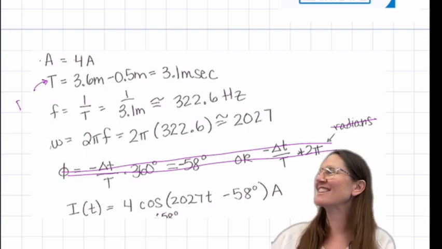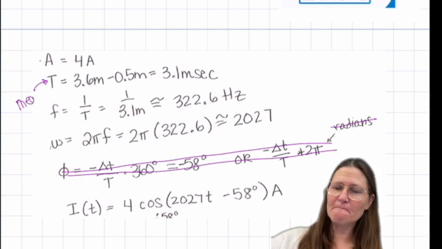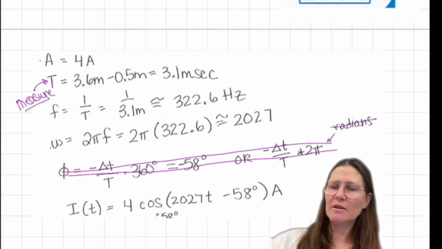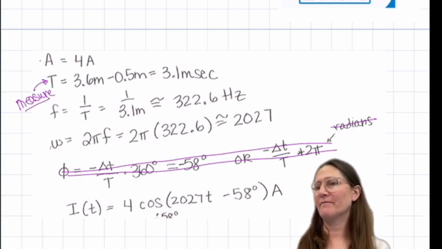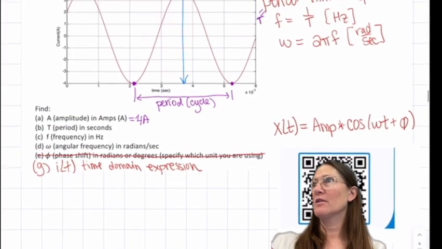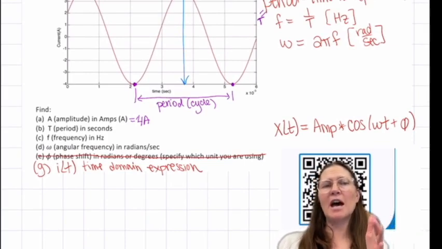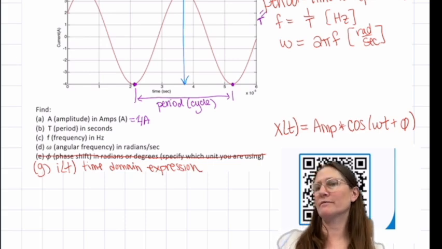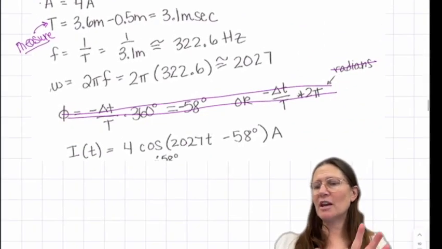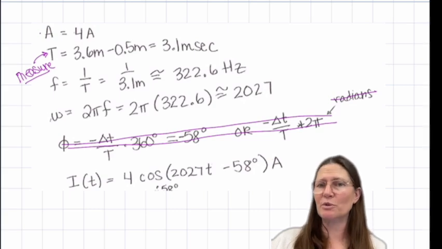I can't write and I can't talk today, I guess. On an oscilloscope, so measure. Usually you can measure the time period, and then from that you can find the frequency by taking 1 over T. So in this case, if your time period is 3.1 milliseconds, then your frequency is going to be 322.6 hertz.